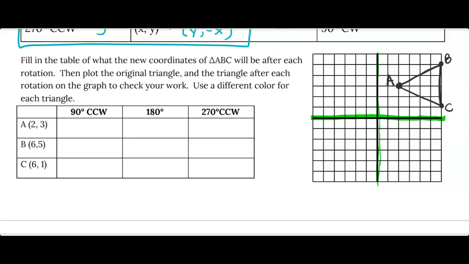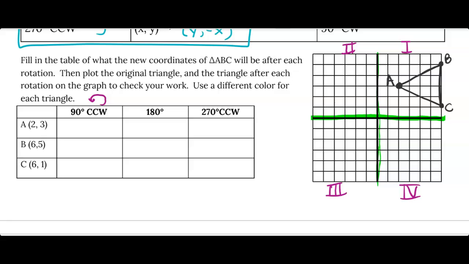So remembering this is quadrant 1, quadrant 2, quadrant 3, and quadrant 4. When you move 90 degrees in either direction, you only move into one other quadrant, so the next quadrant over in the direction you're rotating. So when we're rotating 90 degrees counterclockwise, we're going backwards from the way a clock goes.